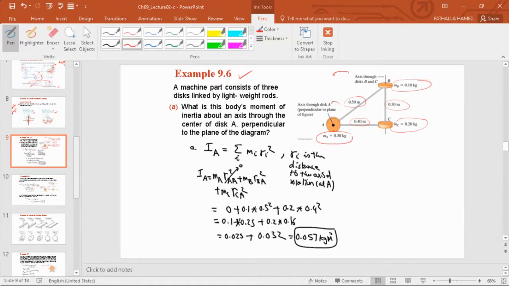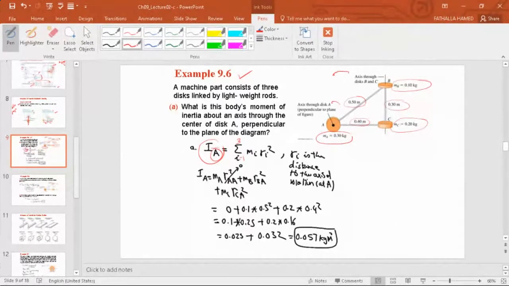They tell you about A, so I will calculate my moment of inertia around A. By definition, I is the sum over i from 1 to 3, because I have 3 masses, of m_i r_i squared. So m_A r_AA squared, that means how far mass A is from A, plus m_B r_BA squared, that means how far B is from A, plus m_C r_CA squared, that means how far C is from A.